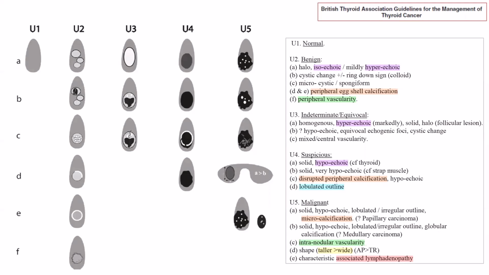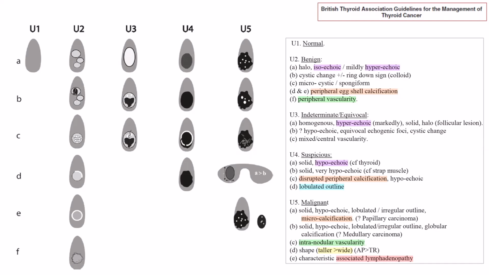The first thing is doing thyroid ultrasonography and searching for some suspicious features. And suspicious features are very important in the exam. You need to know that microcalcification is one of the most important malignant features in any thyroid nodule.